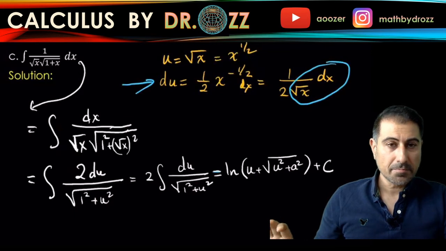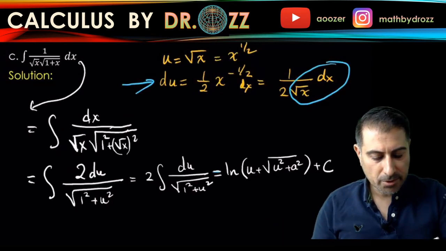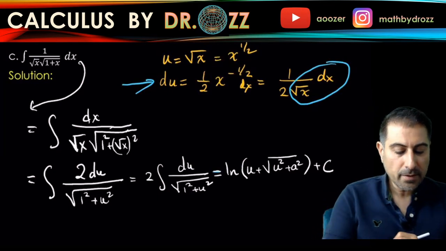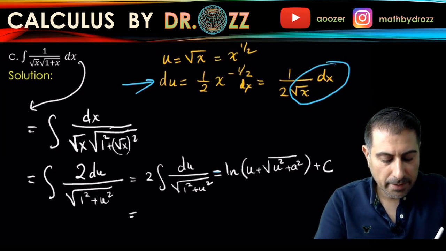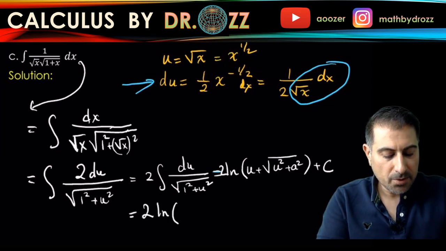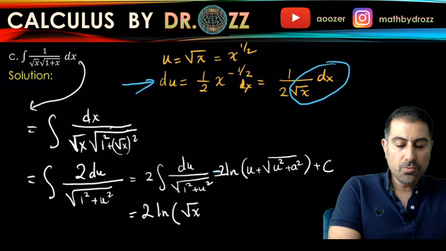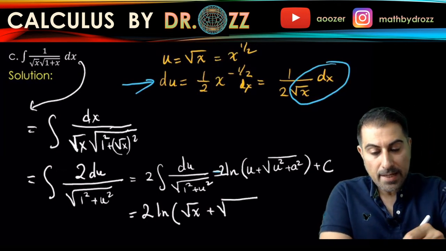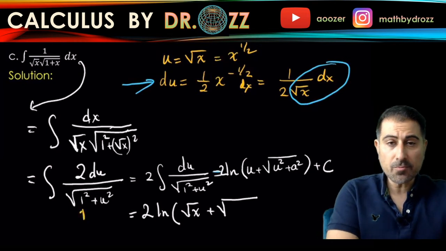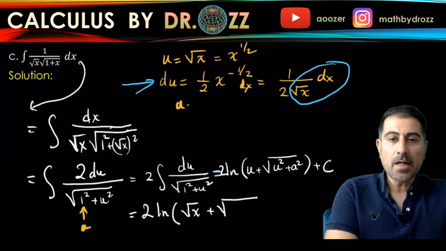I just copied that down. Now I'm going to back substitute everything, and don't forget the 2 here. So I have 2 ln of u, which is radical x, plus radical u squared plus a squared. Well, a equals 1 here, because this is our a. So let me write that down for your reference: a equals 1.